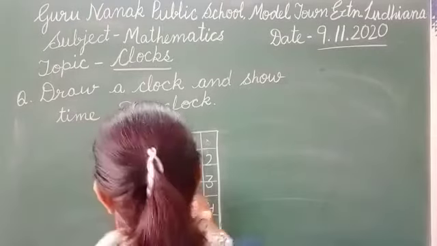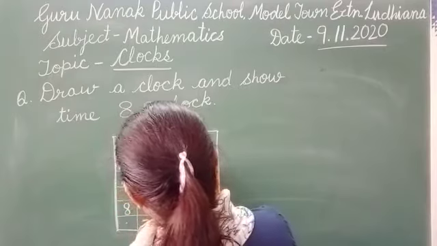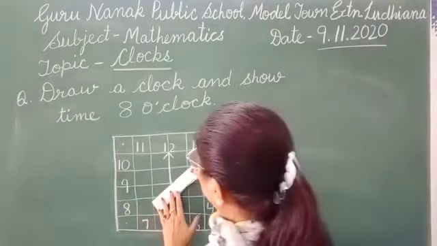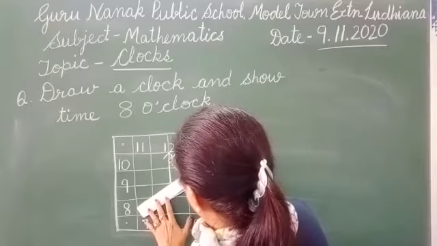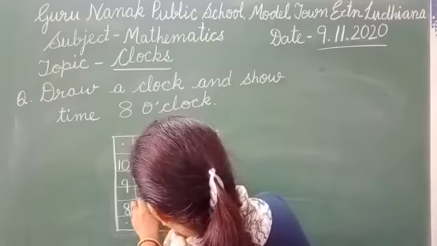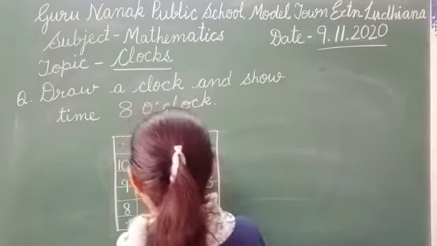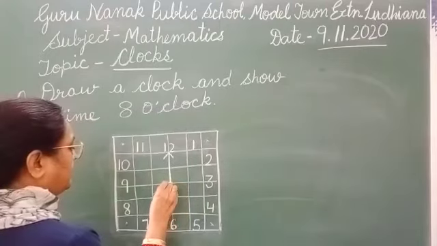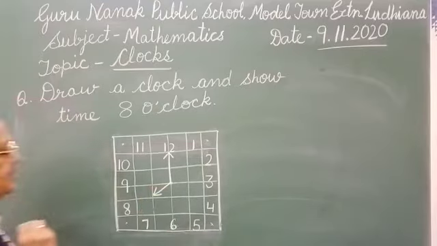You will put a scale here like this. See this dot and towards this 8, right? Put a mark here, then draw with the help of the scale. It will come like this.